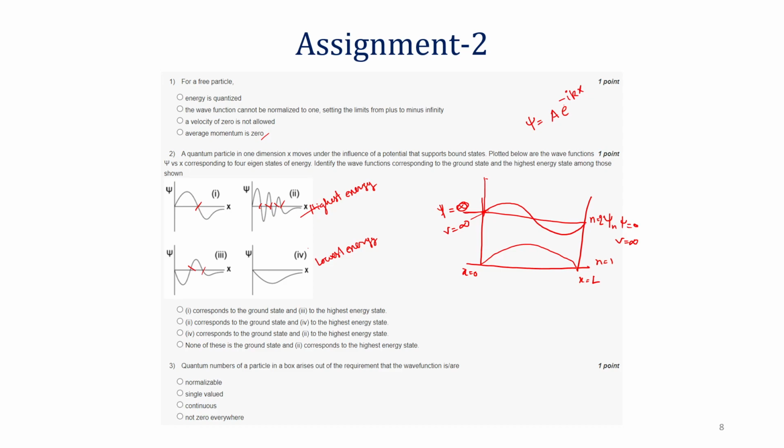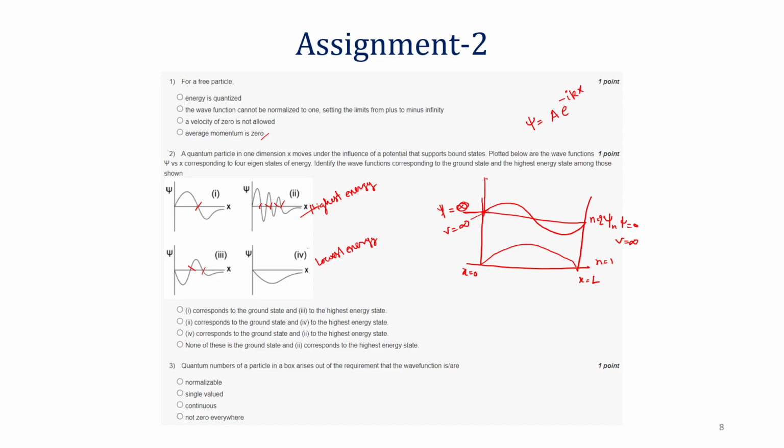In that sense they picked continuous as the correct answer, because that was our boundary condition. But the reason we put boundary conditions is not the problem of continuity. It was the problem of normalizability.